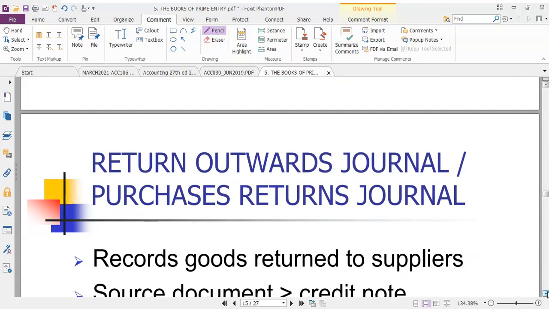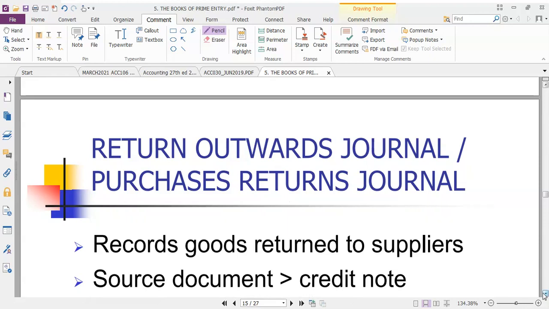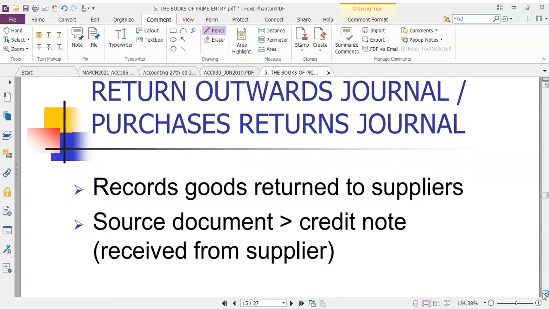Next, the return outward journal. It is the opposite of return inward. Return outward and return inward. For return inward, the customer returns goods to us. But for return outward, the owner or business returns the goods to the supplier.